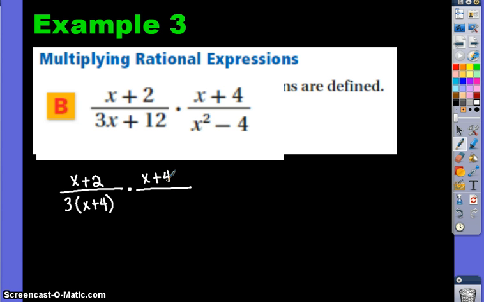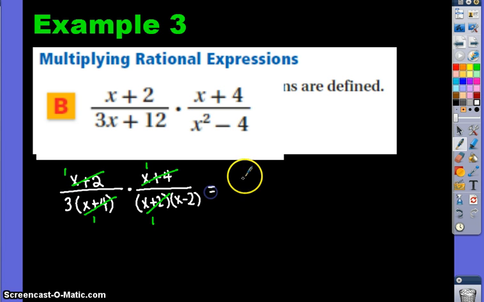And x squared minus 4 is a difference of two squares, so that's x plus 2 times x minus 2. Now we can cancel out some things: the x plus 2 and x plus 2, and the x plus 4 and x plus 4. I want to point out that when we do that canceling, we're left with 1s, just to make it clear what's about to happen.